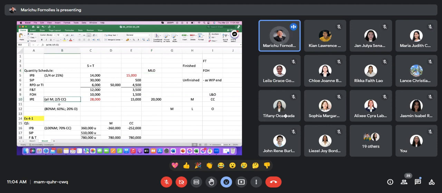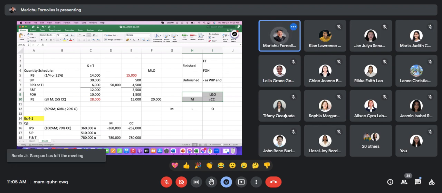But if the parenthetical notation would be like this, since the percentage applied to materials is not the same percentage applied to conversion cost, this is your clue that you need to provide two separate columns for the EP computation. One column to get the EP for materials, another column to get the EP for labor and overhead, also known as conversion costs.